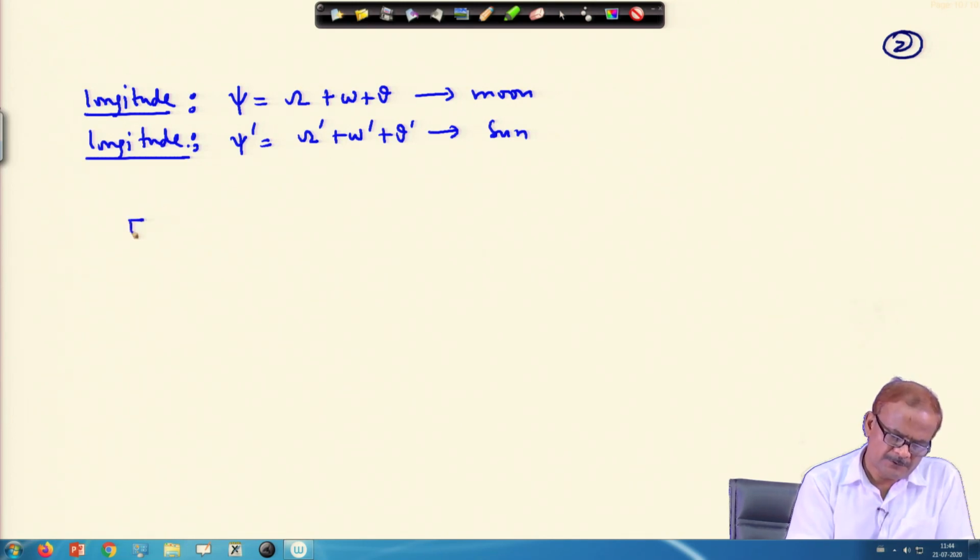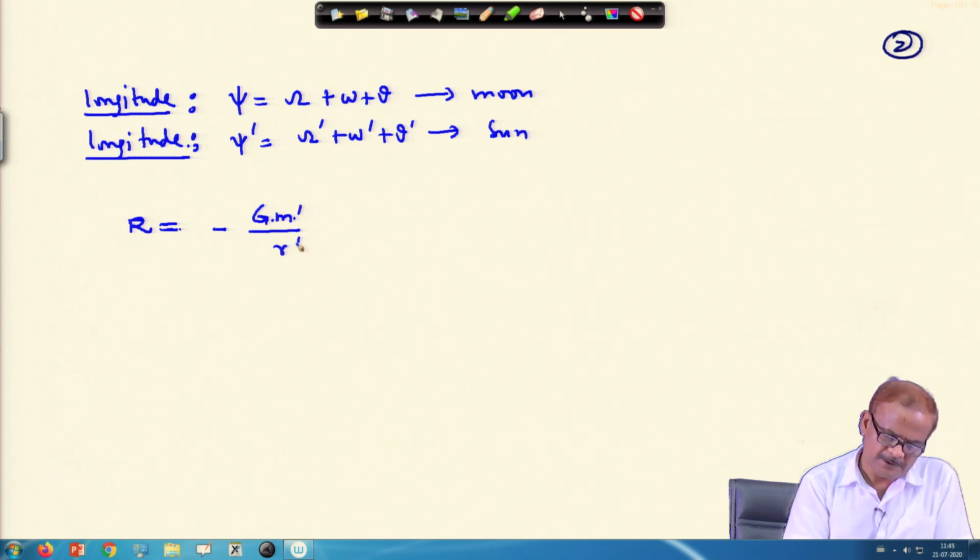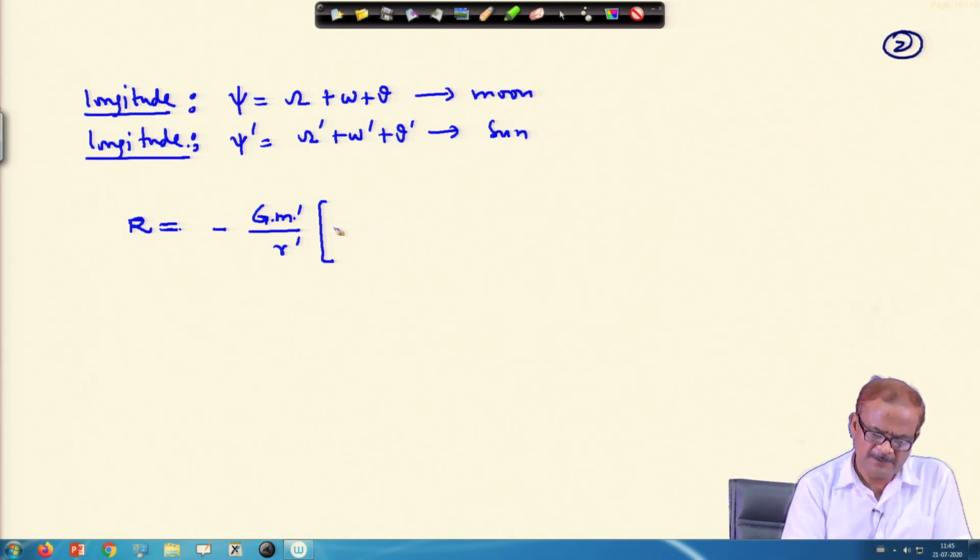And already we have looked into that r, the perturbation term due to the third body is given by G m prime by r prime, and this part we have not done.